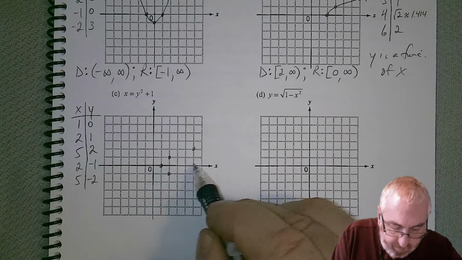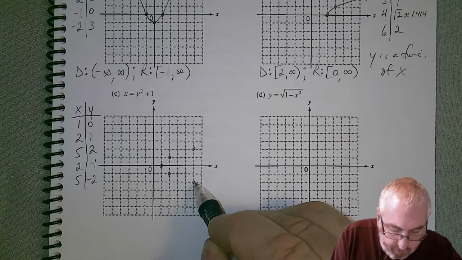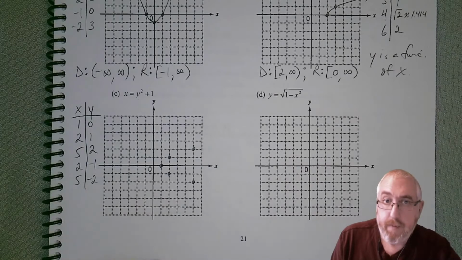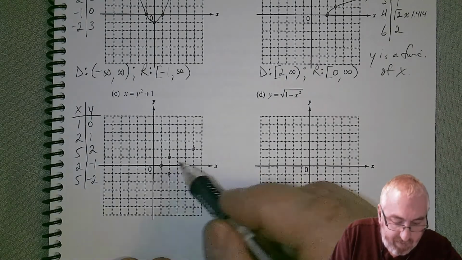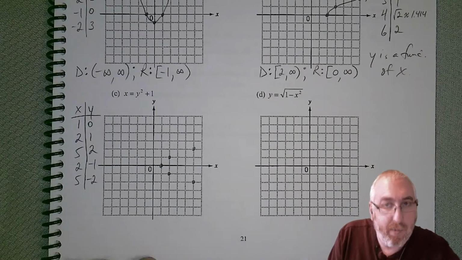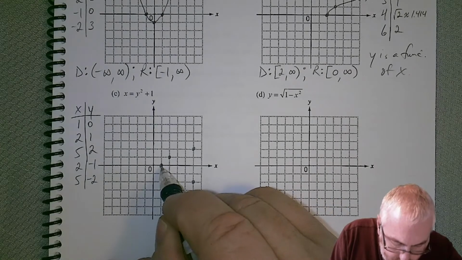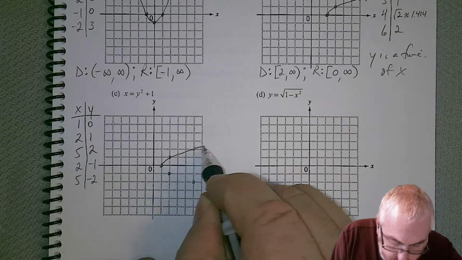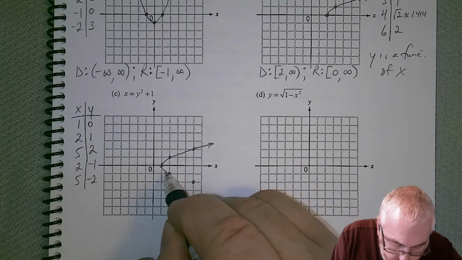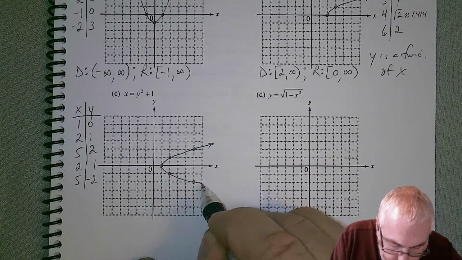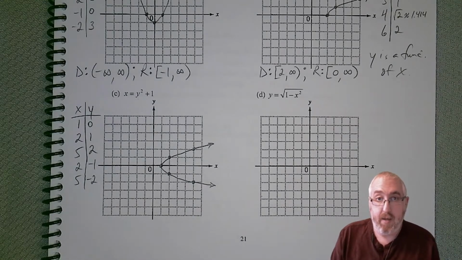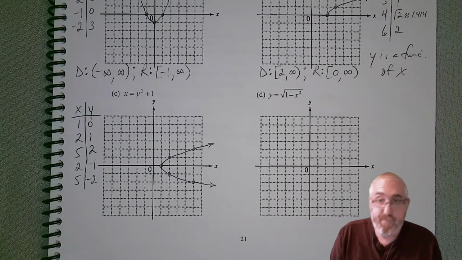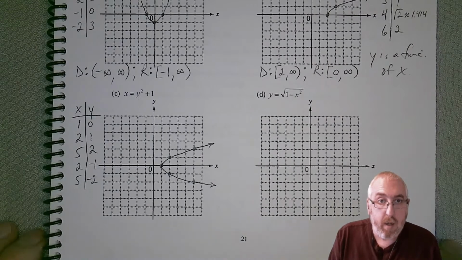And then over 5 and down 2 puts a point right here. So hopefully you're kind of seeing that we have a sideways parabola. So we had something that looks like that. Okay, that's what it is.